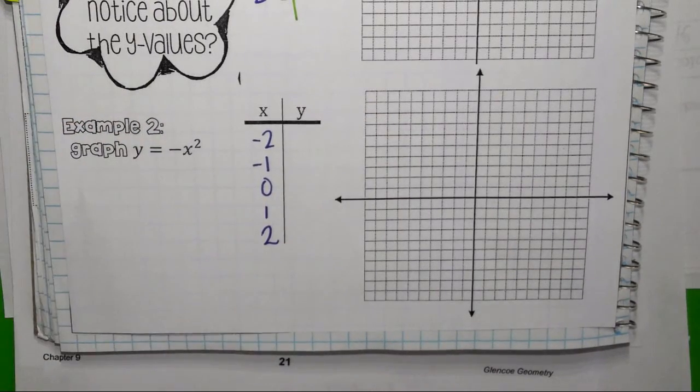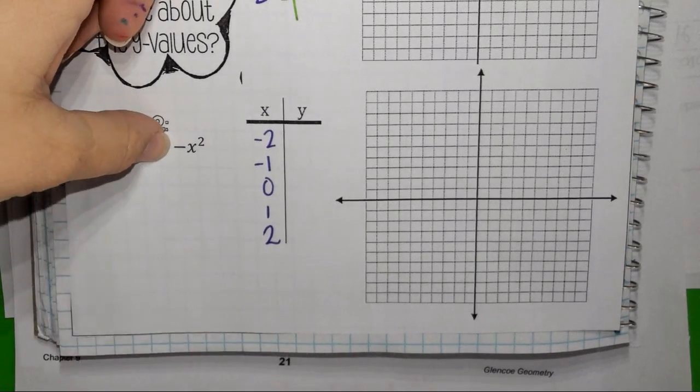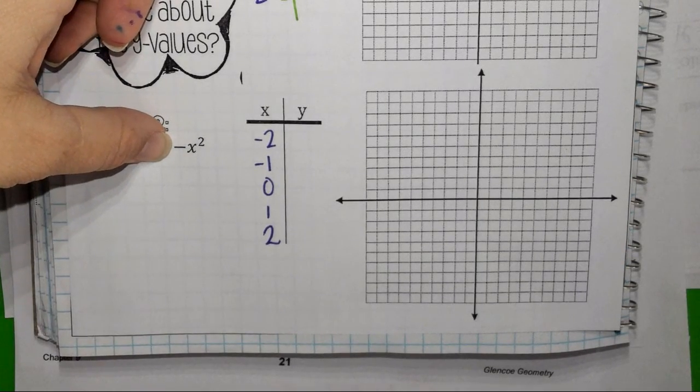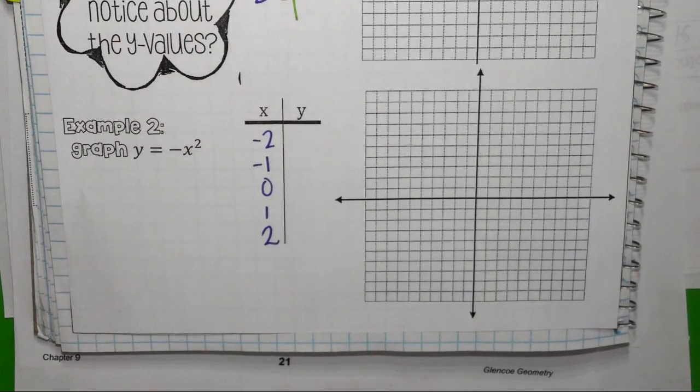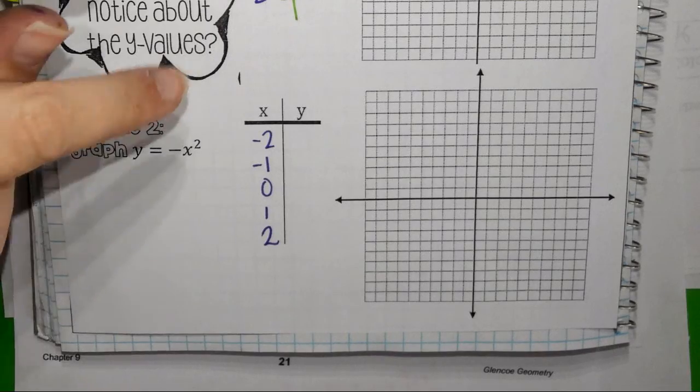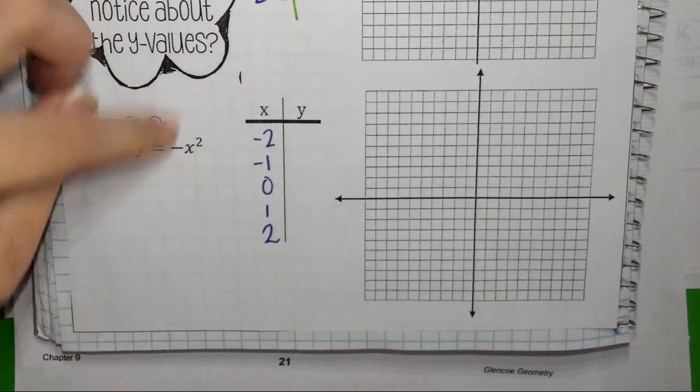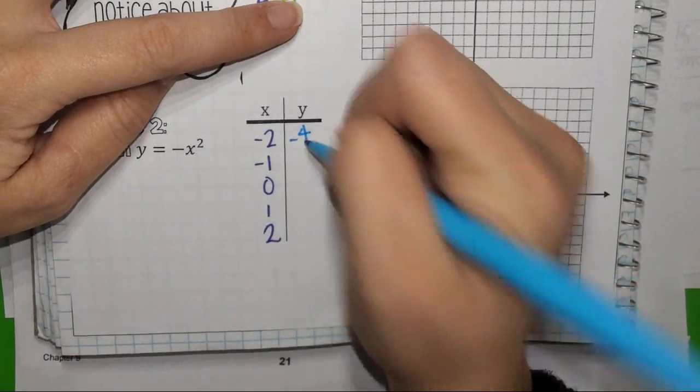What are we going to have to do at the end? It's going to make it a what? A negative, because we have a negative right here. So if I do negative 2 squared, what do I get? 4. But with this negative on the outside, that's going to become a negative 4.